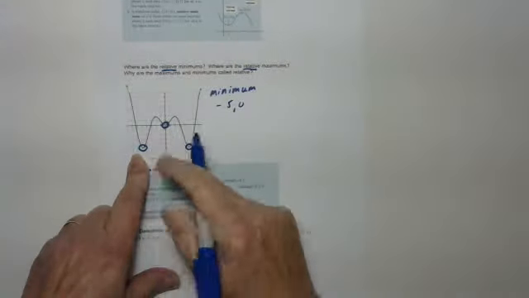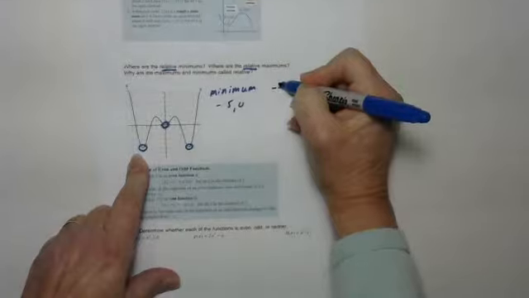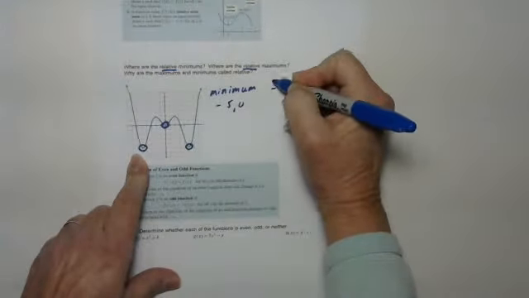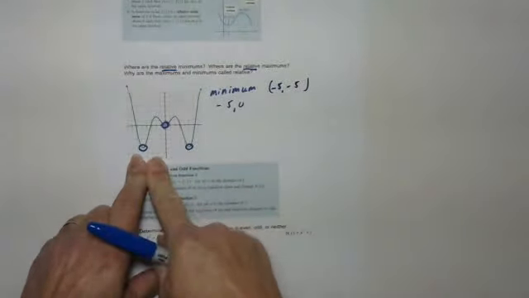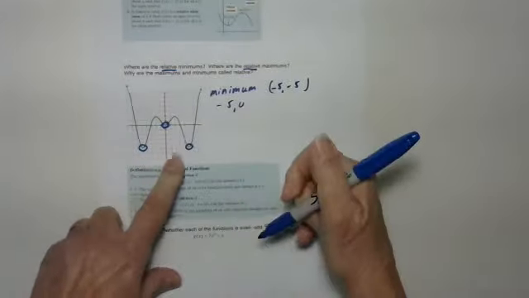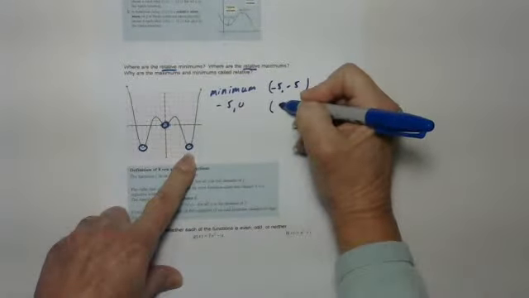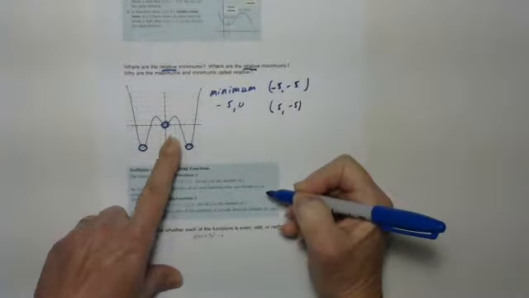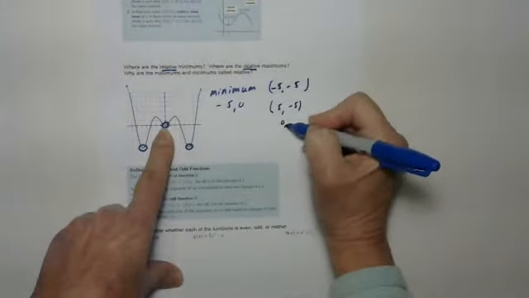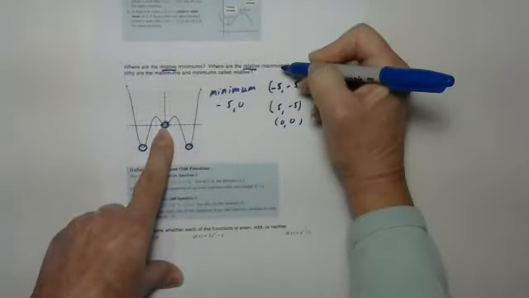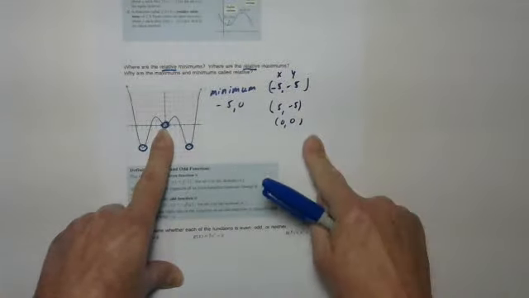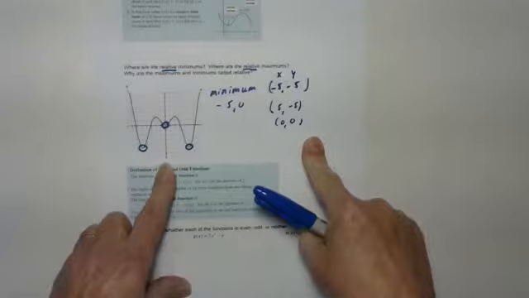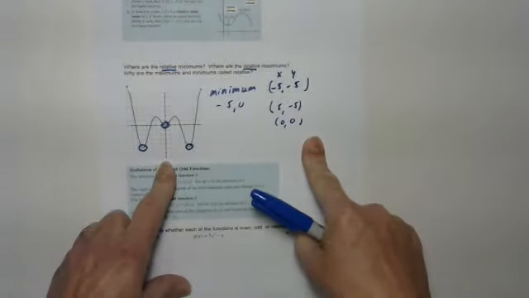Here we have the pair -5, -5. That's one of our minimums. We also have a minimum here where x is 5 and y is -5. And then we have a minimum here at the point 0, 0. So these show our x and y coordinate pairs that represent these relative minimum points.